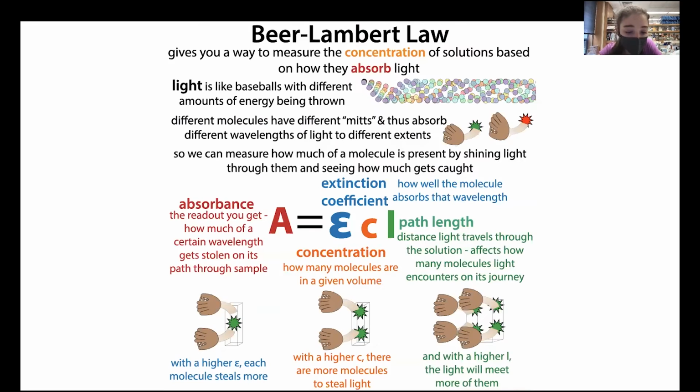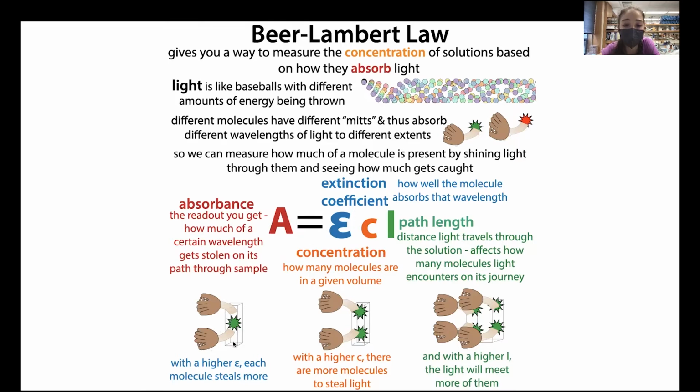now we want to measure the absorbance, and we can do this with the help of the Beer-Lambert law. If we think back to our light being those waves of traveling baseballs, and now we have our DNA or RNA, the molecules in there are going to absorb different wavelengths, as we talked about. That's what can be represented by this extinction coefficient, which tells you how well the molecule absorbs that wavelength.